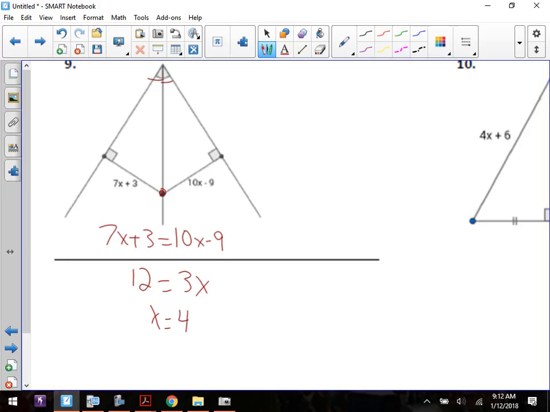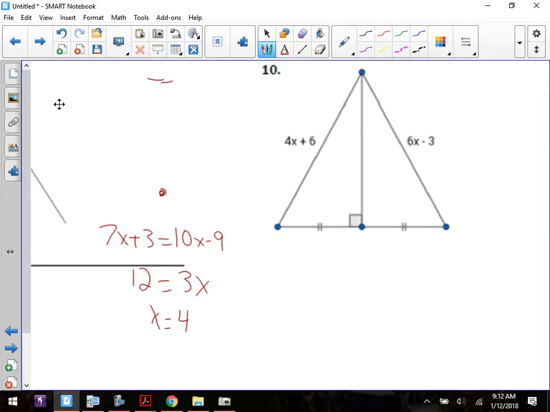In number 10, you are on a perpendicular bisector. When you're on a perpendicular bisector, you are equidistant to the endpoints of the segment, which therefore again means that these two are equal.